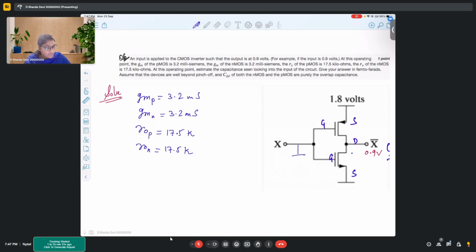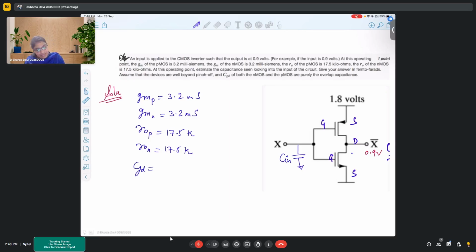So here you have to find the capacitance Cin. Give your answers in femtofarads. Assume that the devices are well beyond pinch off, and CGD of both the transistors are purely overlap capacitance.